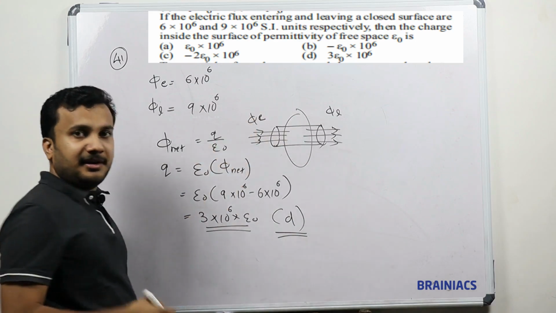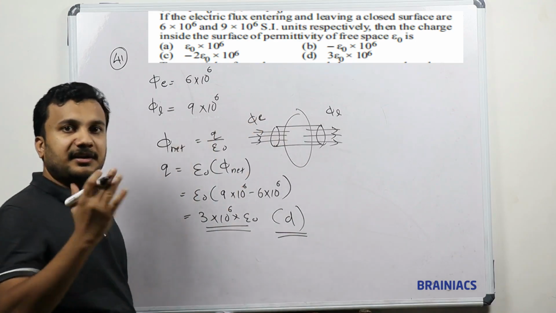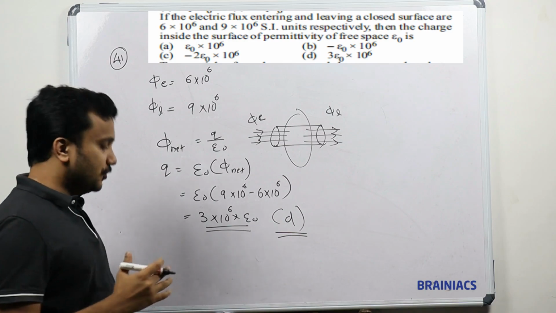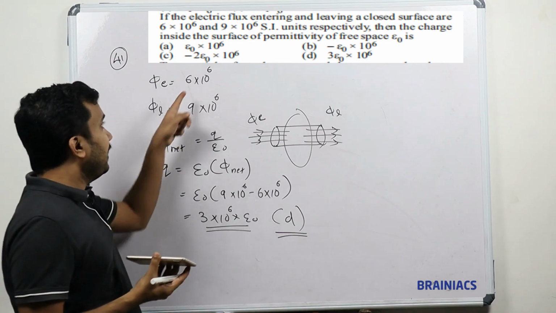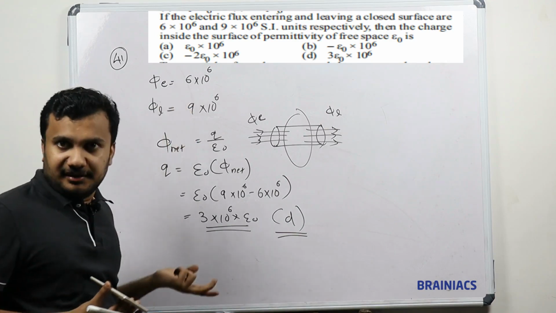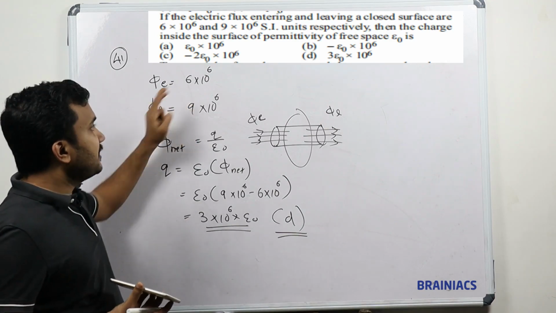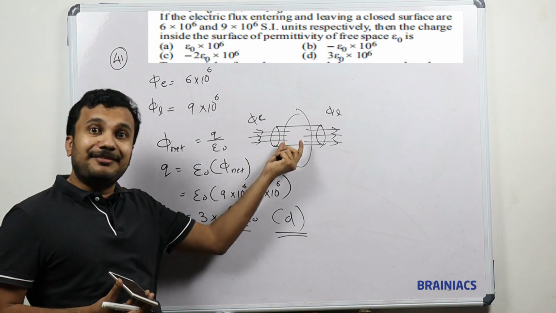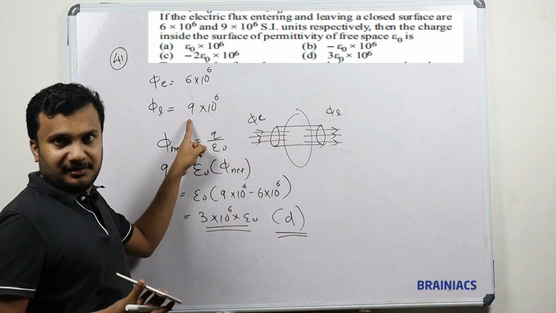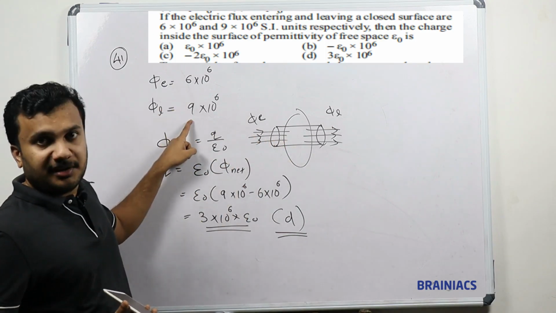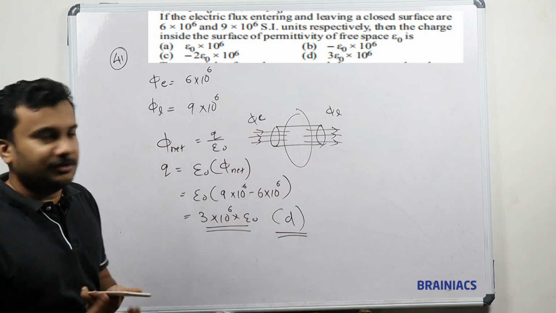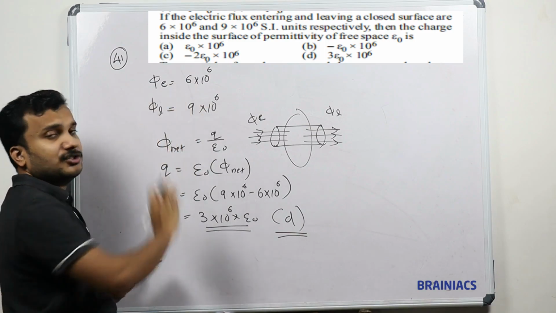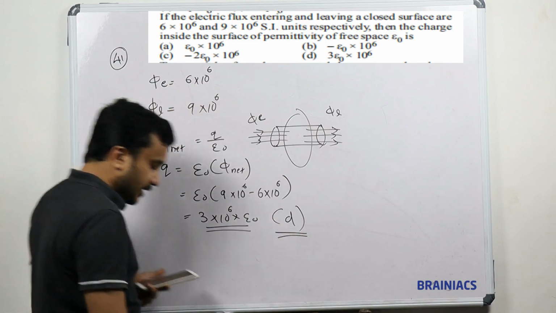Leaving minus entry, or entry minus leaving. You can take it in any order, whichever comes first will be the nature of the answer. If leaving minus enter, the total flux is a leaving flux because leaving will be higher. If enter minus leaving, the total flux nature is entering. So always take higher minus lower, so that you will get the answer.